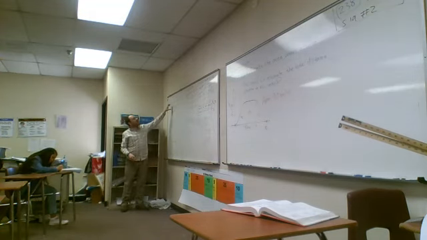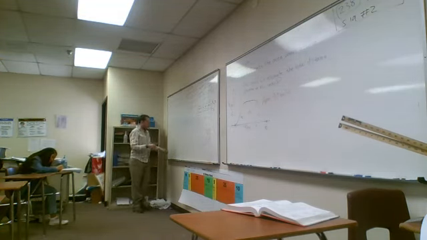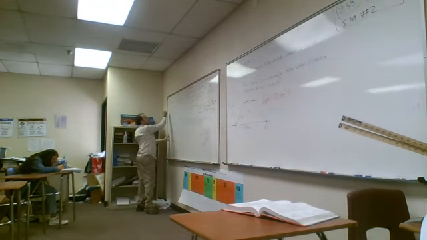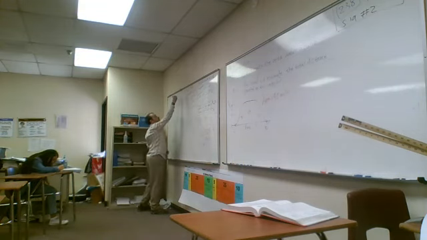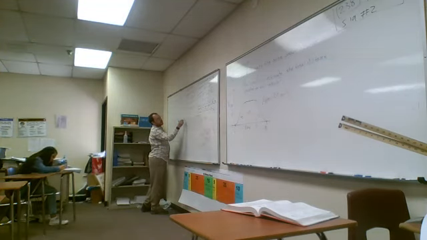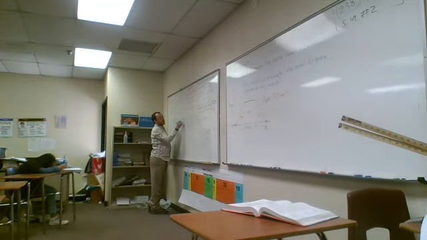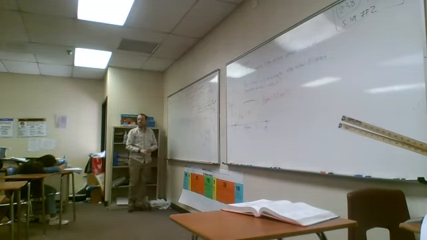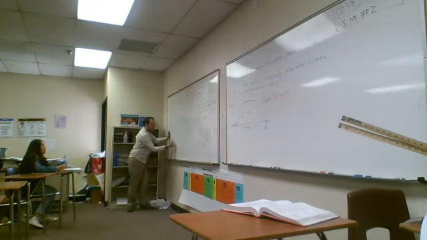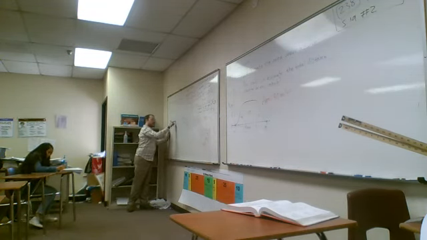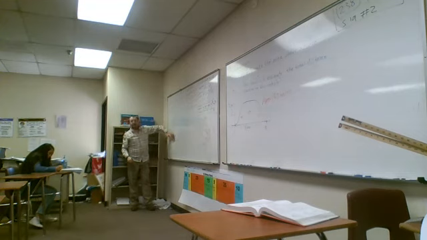When I say area under the function or under the curve, I mean the area between the line and the x-axis. Okay? So I'm trying to find the area of this shape here.